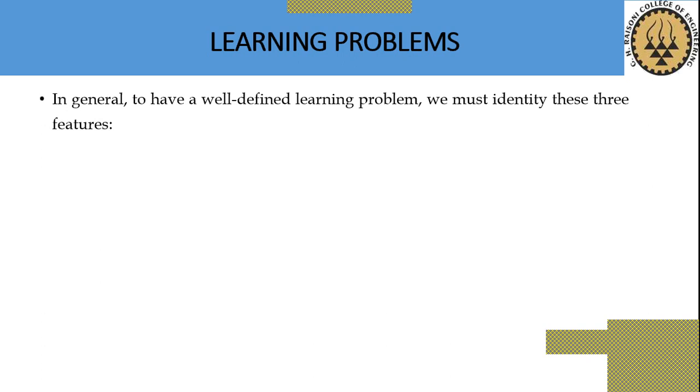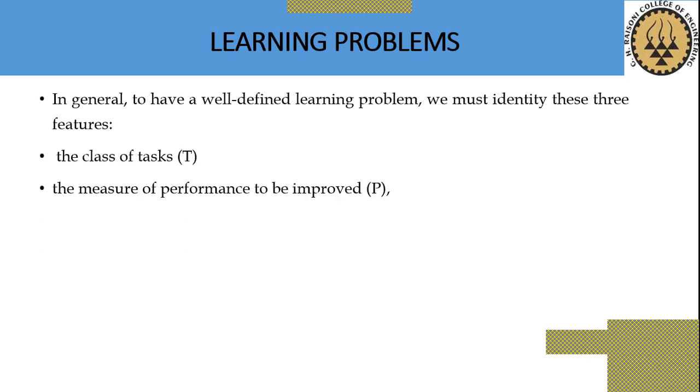So what is the learning problem? In general, to have a well-defined learning problem, we must identify these three features. First, the class of the task, that is, what task you have to perform.